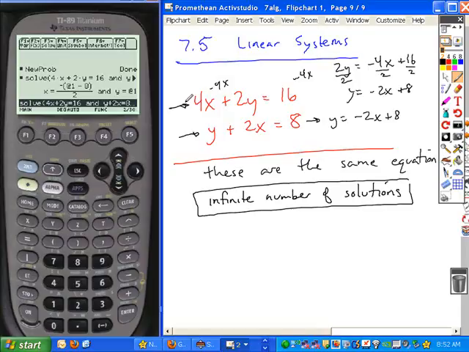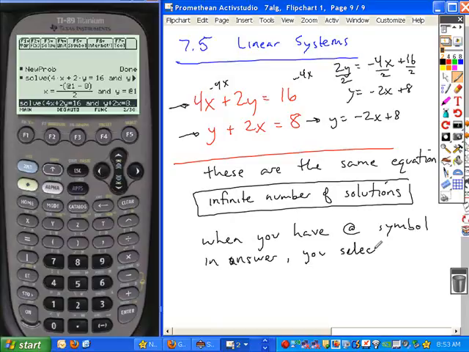It's not that every single thing works, but the answer for this type of problem, anytime you see the @ in your answer, you're going to select infinite solutions.